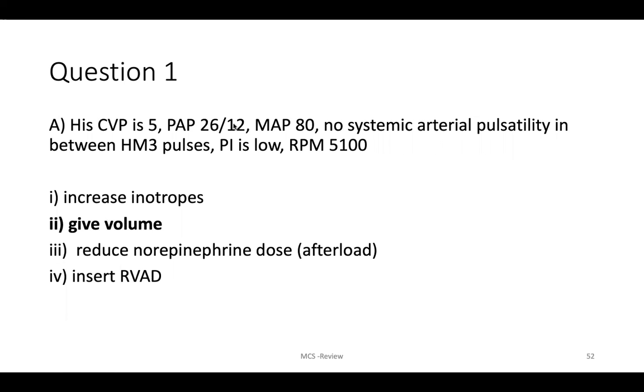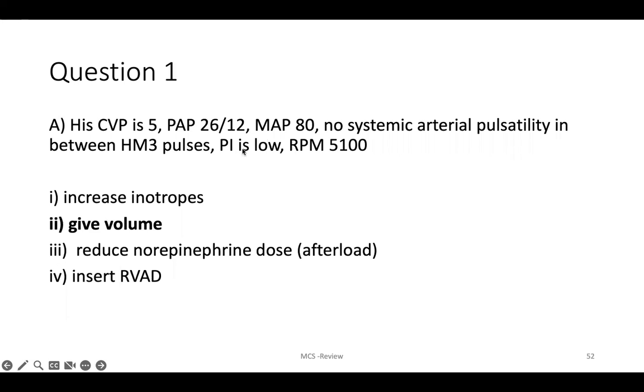There is something related to the volume. Now there is no volume in the LV. Is it because the RV is not functioning? But the CVP is low, and the pulmonary arterial pressure is low as well. So if you increase inotropes, I don't think there is a need here.